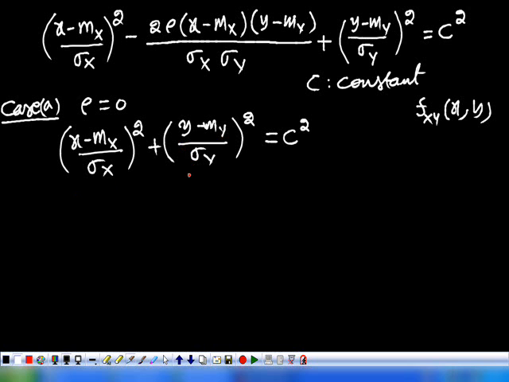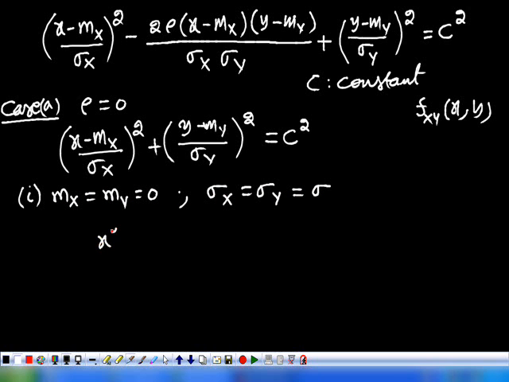Is it right? So here in case A, we let mx equivalent to my equivalent to 0 and sigma x equivalent to sigma y, which is equivalent to some sigma. So what is the equation?